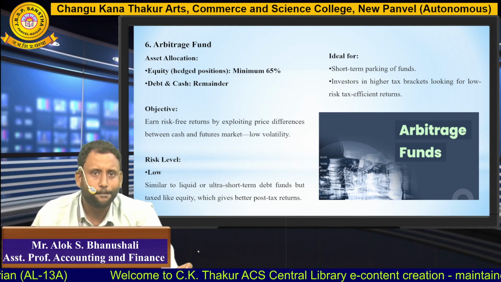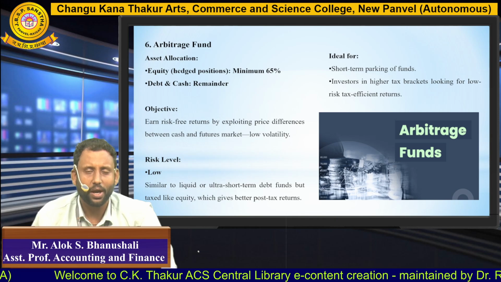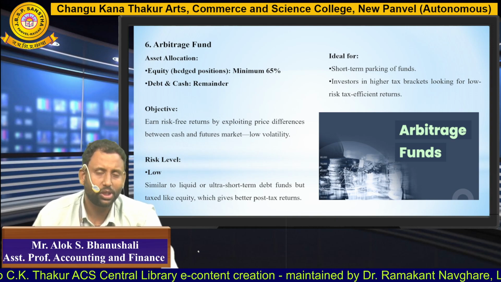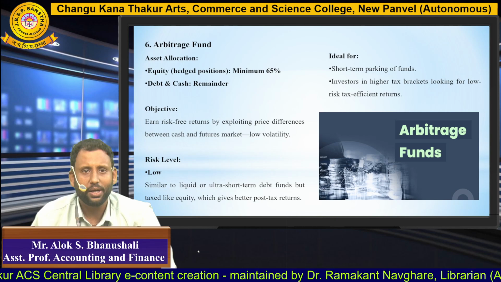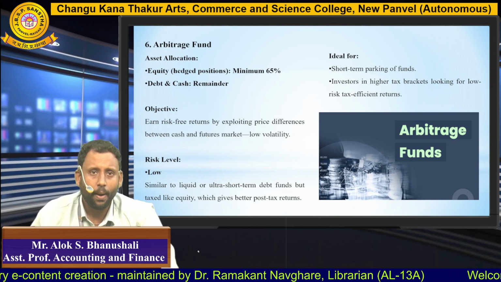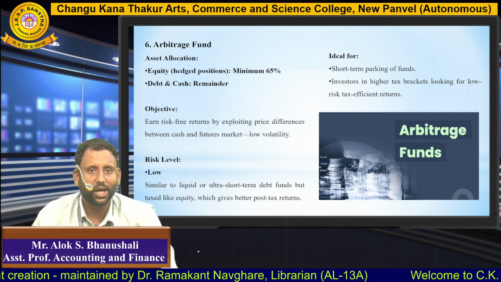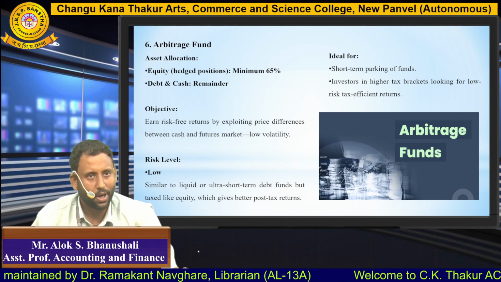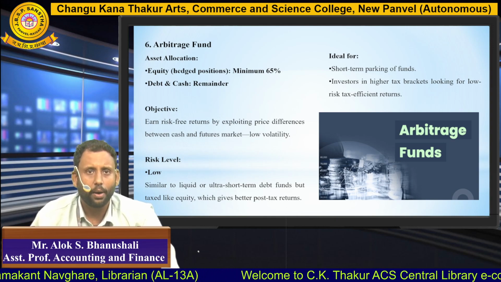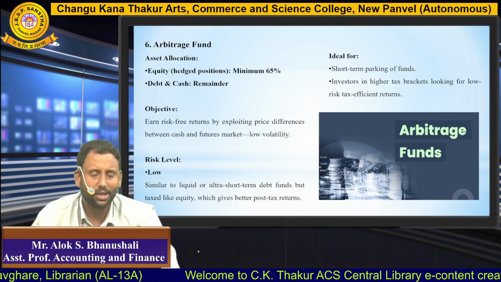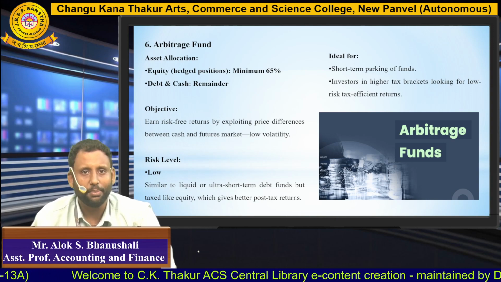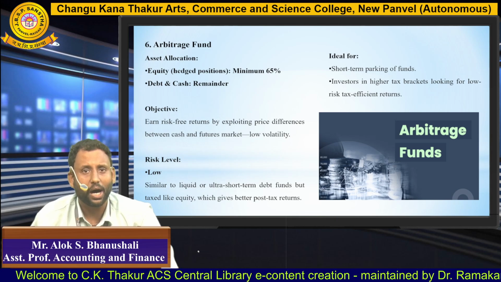If the price of any share is different in both markets, say for example the price is 10 rupees in the Bombay Stock Exchange and 15 rupees in the National Stock Exchange, then we can purchase from the Bombay Stock Exchange for 10 rupees and sell that asset in the National Stock Exchange till the prices become similar. That is called an arbitrage fund.